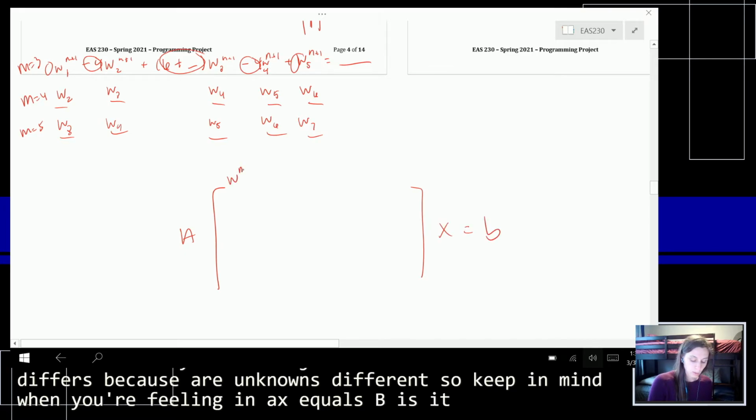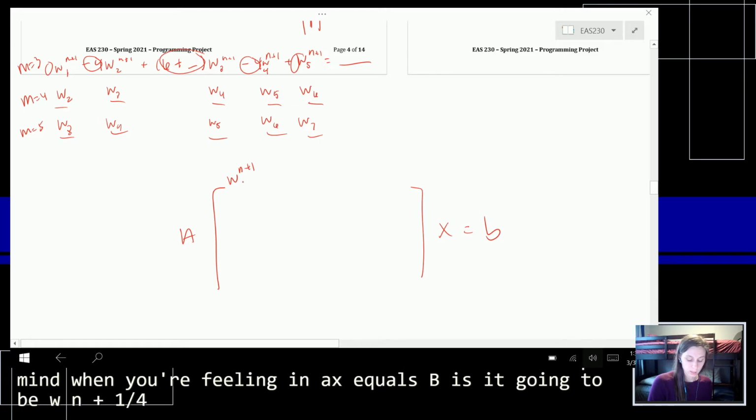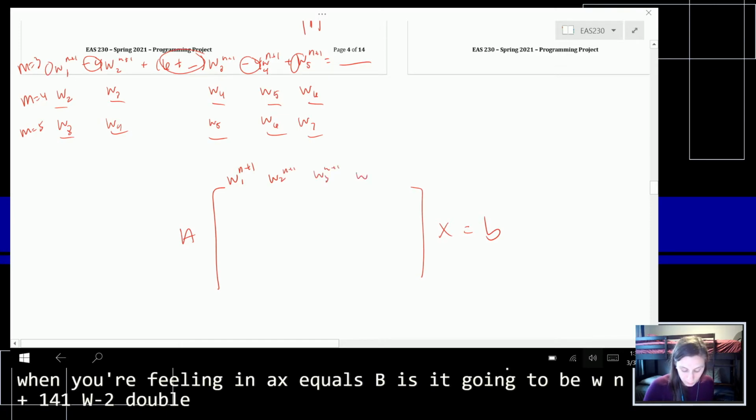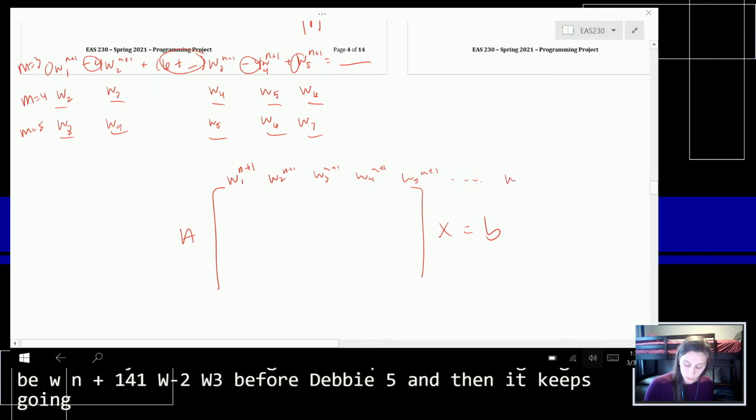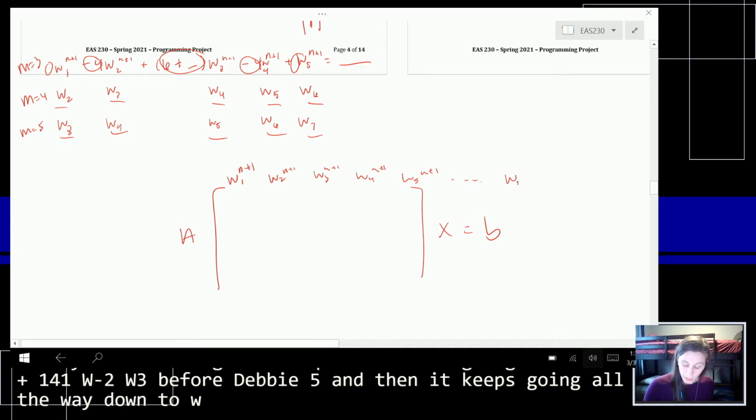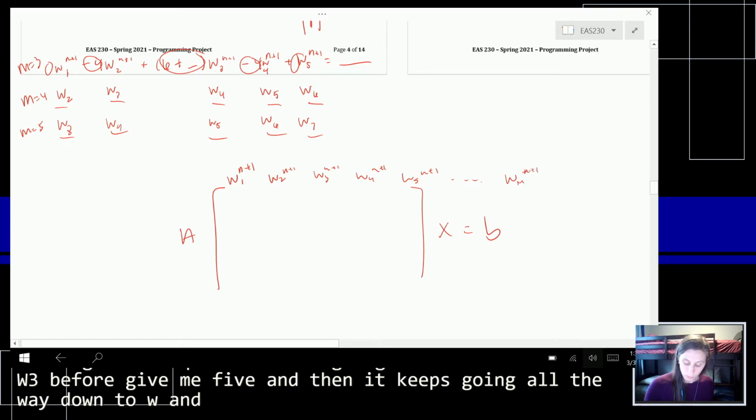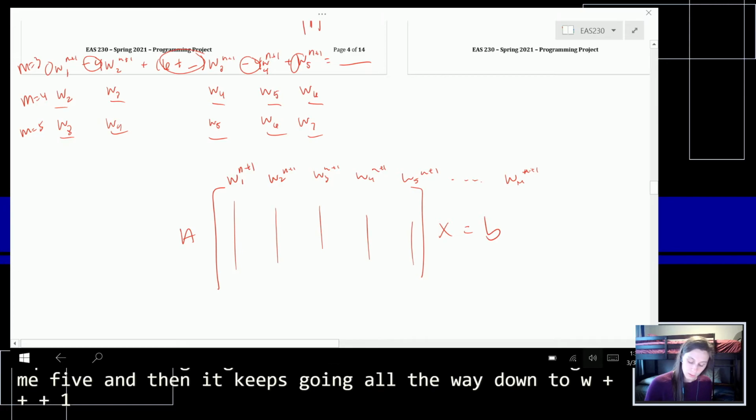Okay? So keep in mind when you're filling in Ax equals b, this is going to be w^(n+1) for 1, w2, w3, w4, w5, and then it keeps going all the way down to w_M^(n+1). So those are our columns, our unknowns.